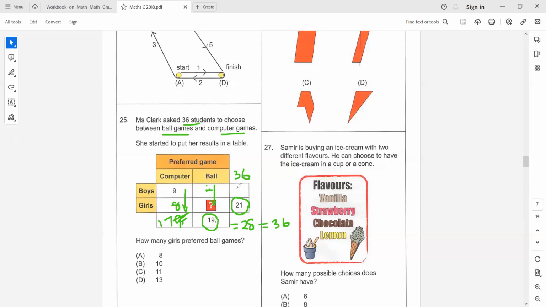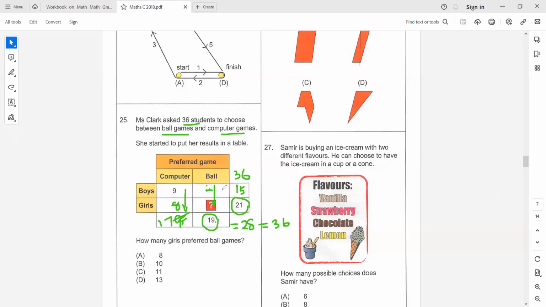How many boys are there? 15. I feel that, right? And I feel here computer altogether 17, girls are 8. Now here 15, this row, what is this number?